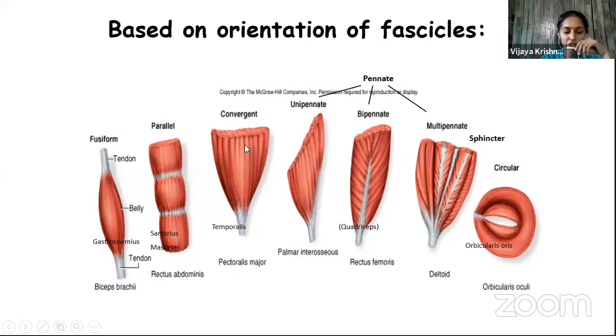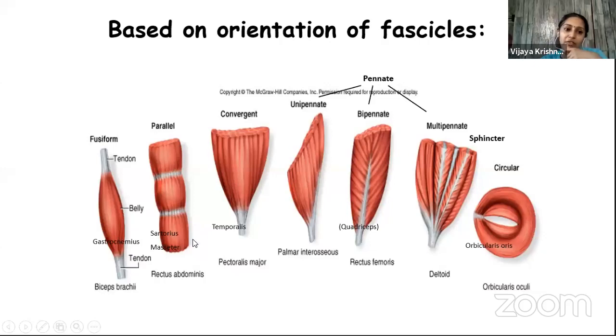The convergent type, where it is larger on one side, converging to the smaller end. The pennate muscles, which are divided into unipennate, which is on one side, bipennate on both sides, and multipennate, forming the pennate group of fascicles. Then you have the circular fascicles, which are round in shape.